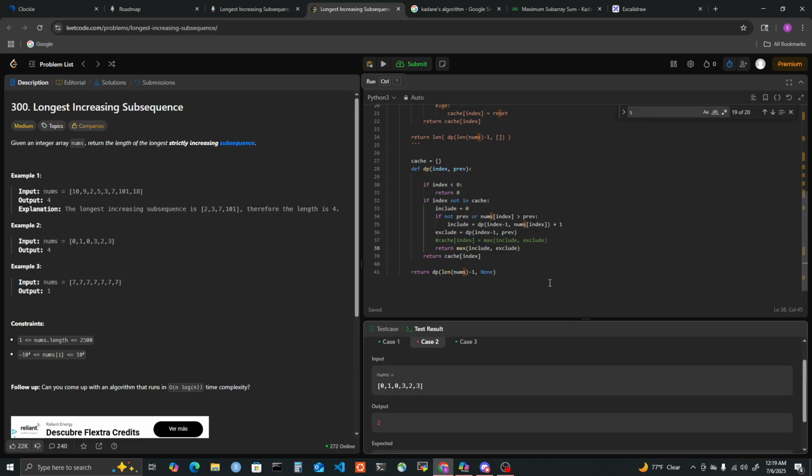A hash map or a 2D array? So, okay, well, my solution, logic-wise, is perfectly fine, I think. The issue is the caching. I'm not caching it properly.